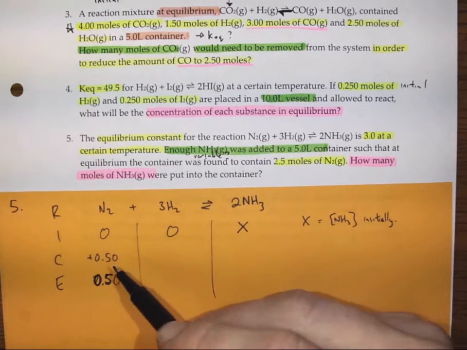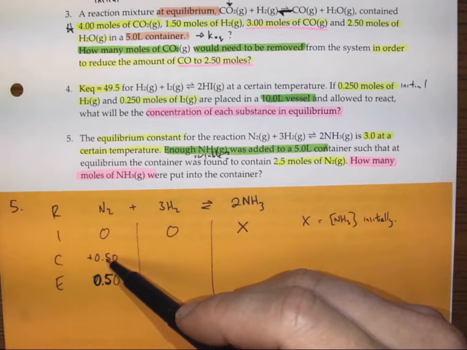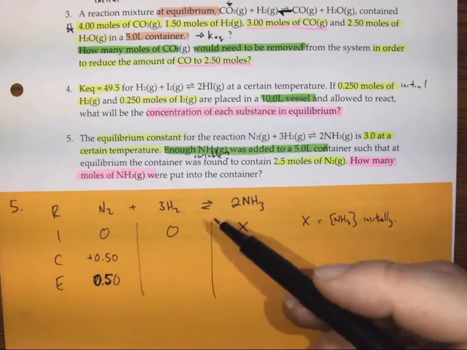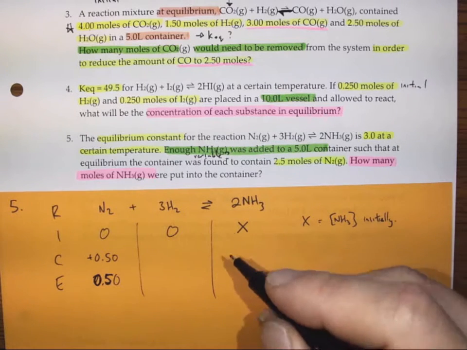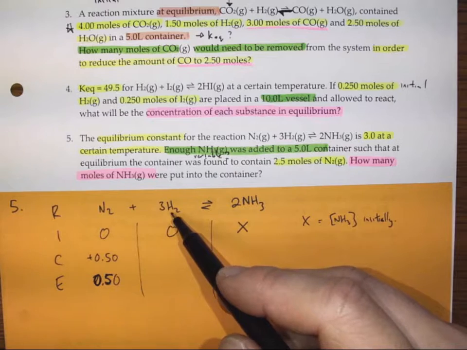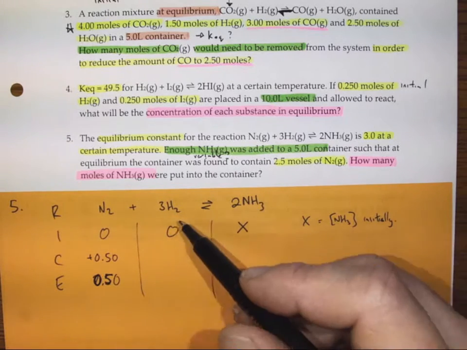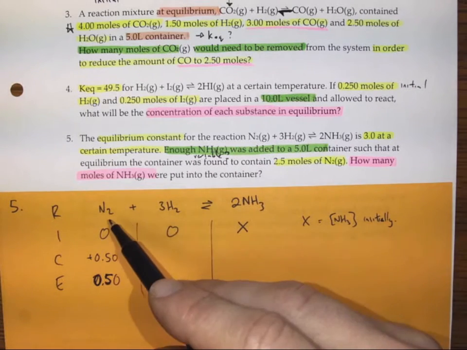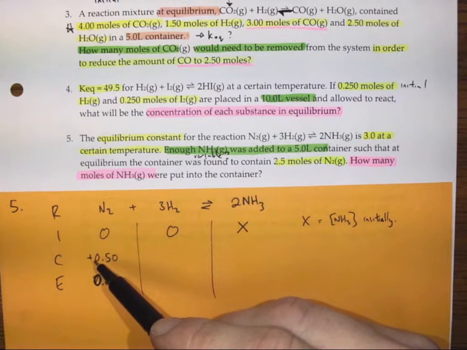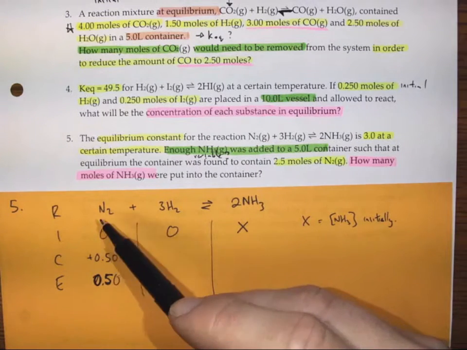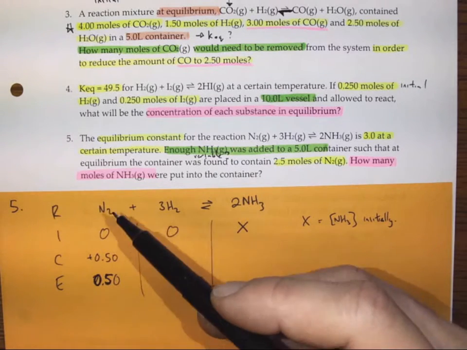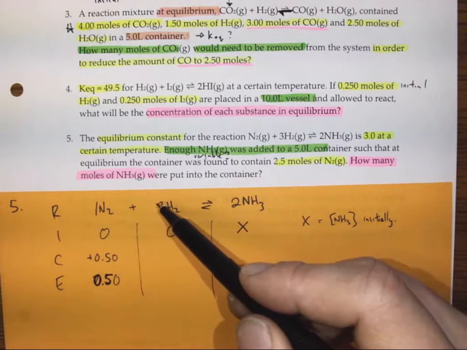All right, so I know I'm going to lose some ammonia, I'm going to gain some nitrogen, and I'm going to gain some hydrogen as a result. Because the only way I'm going to lose ammonia is if we're shifting and pushing this to create reactants. So if I know 0.50 moles for every liter of nitrogen gas are produced, I must have 3 times as many for hydrogen, because it's a 1 to 3 ratio.